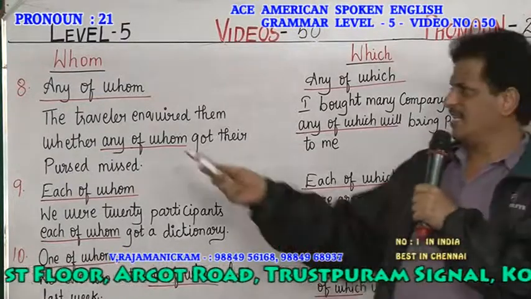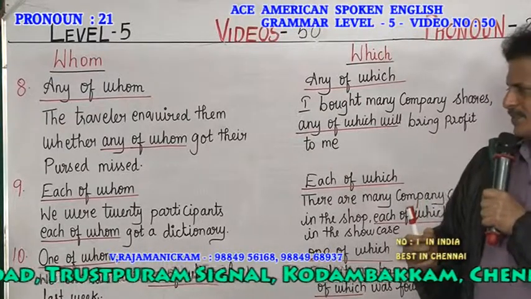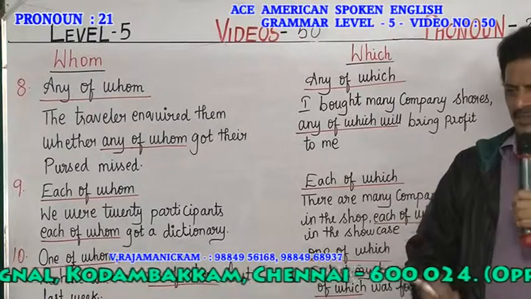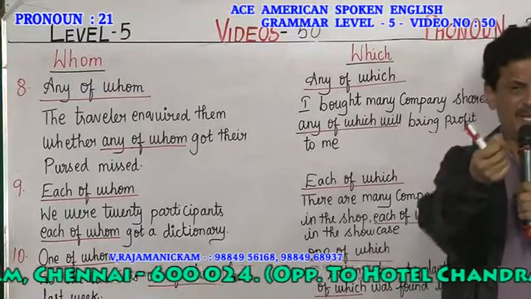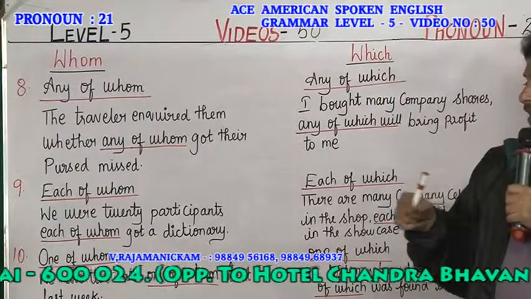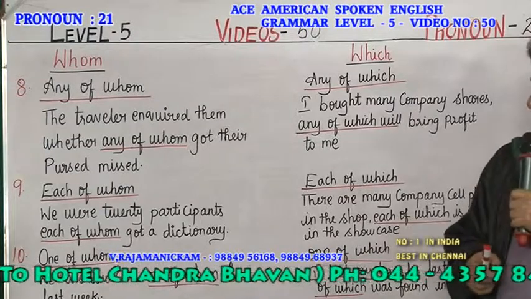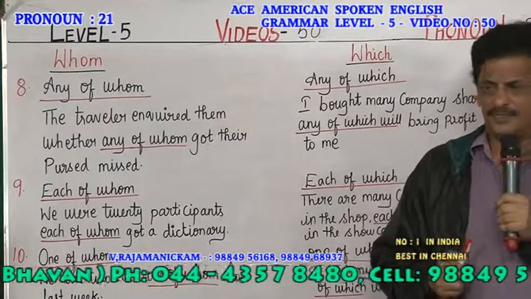See, my dear friends, here, "any of whom" means what? Any one of them. So you are asking about any, out of a lot of people, any of whom. This "any of whom" comes in between the sentence. See here, the traveler. What do you mean by traveler?